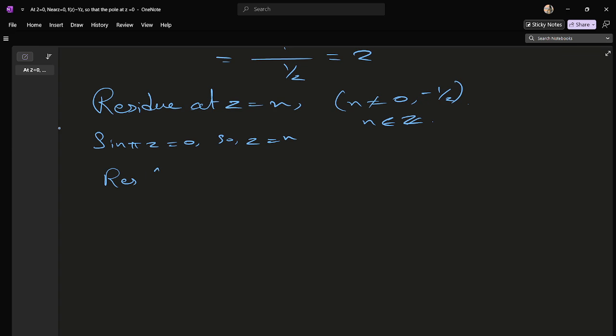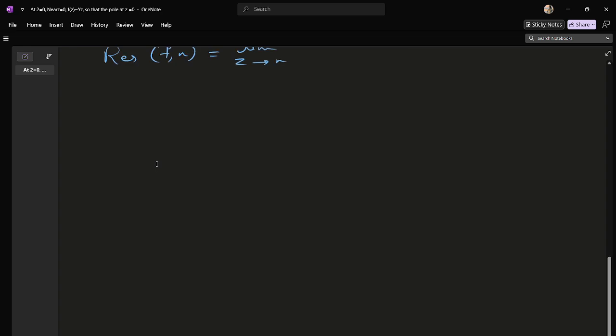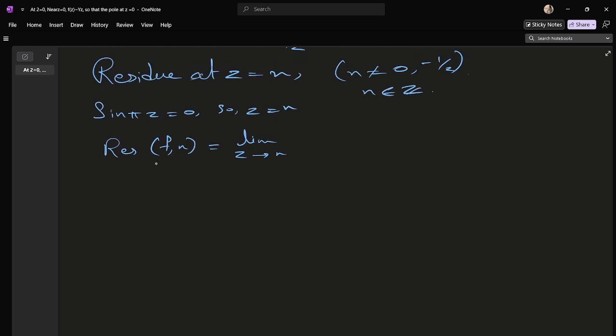Then the residue is the limit as z tends to n of (z − n) f(z).